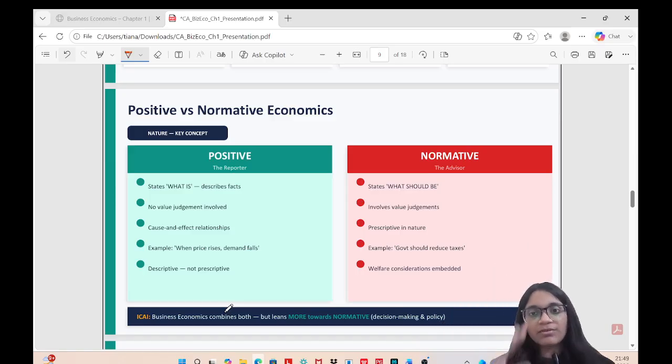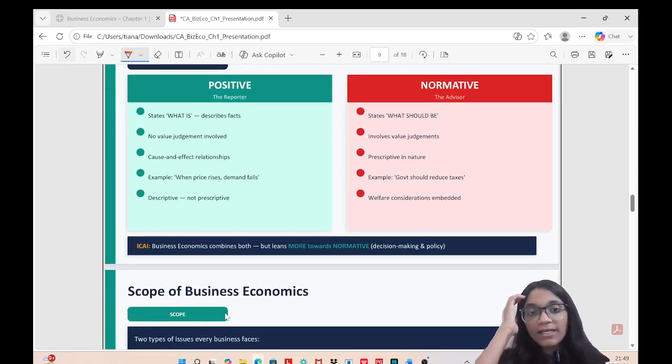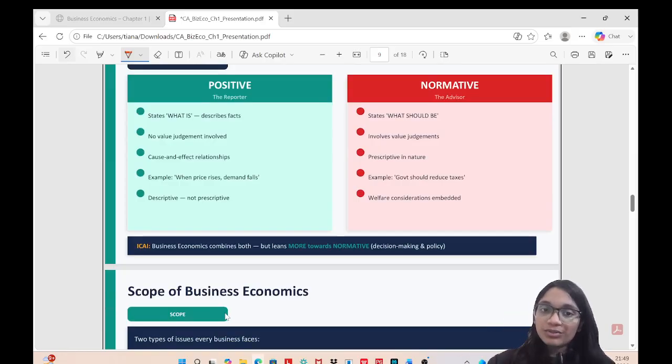Descriptive, not prescriptive. Normative is what you should do. It involves value judgment. Okay, the price of petrol has increased, the government should reduce the taxes so that the middle class can go everywhere. That's the way. Government should reduce tax. Prescriptive in nature. So business economics combines both, but leans more towards normative decision making and policy.